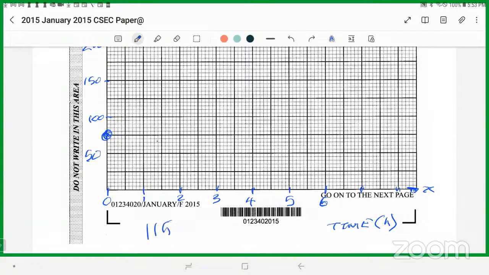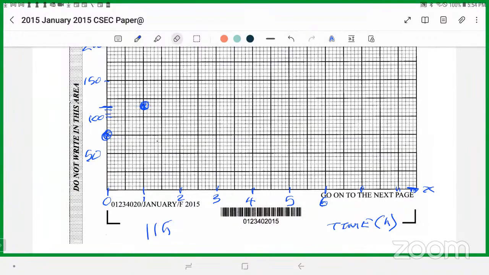So this is 100. What this is now is 5, 10, 15, 20, 25. So 115 is on this line right here. So this is the point. All right. Let's leave this as 115.